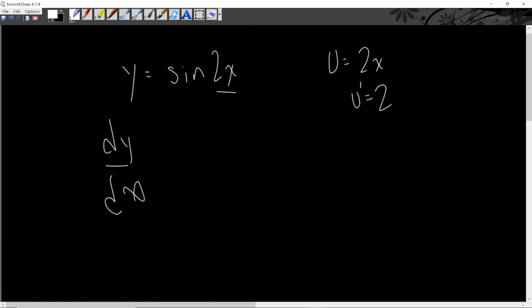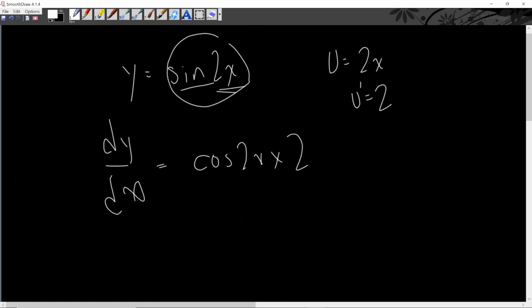So we do the derivative of the outside times the derivative of the inside. So derivative of sine, we said that was cosine 2x times u prime, so that's going to be times 2. So this will be 2 cosine 2x. I think we'll stop there for that one.